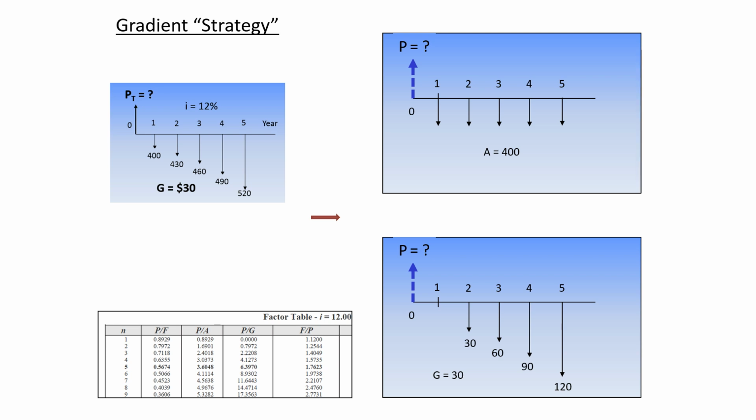So find P given G, N equals 5, is 6.3970. So the ratio of P to G is 6.3970. So P is the gradient value, which is 30, the amount that it's continually increasing, times 6.3970.